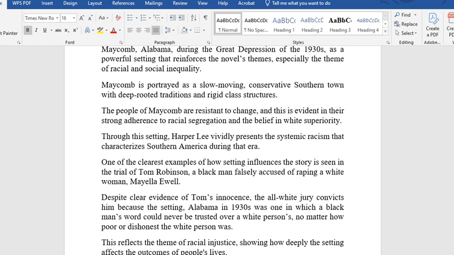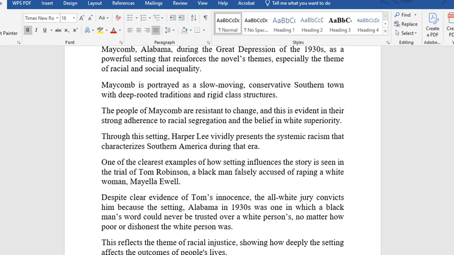Through this setting, Harper Lee vividly presents the systemic racism that characterizes Southern America during that era. One of the clearest examples of how setting influences the story is seen in the trial of Tom Robinson, a black man falsely accused of raping a white woman, Mayella Ewell.